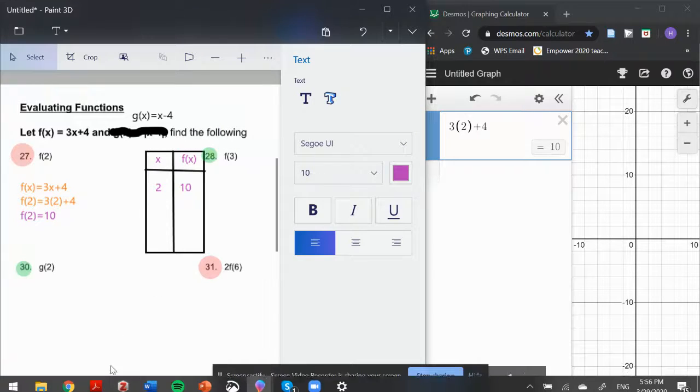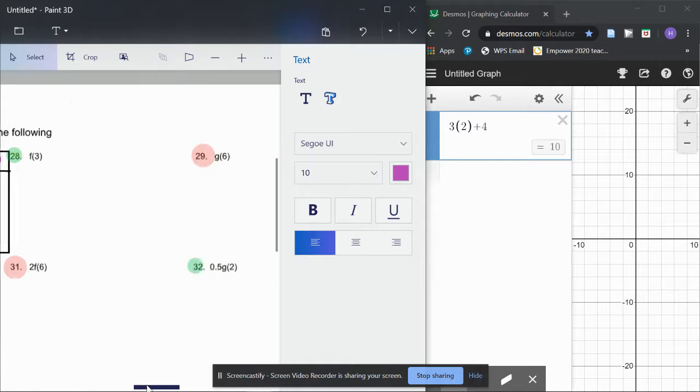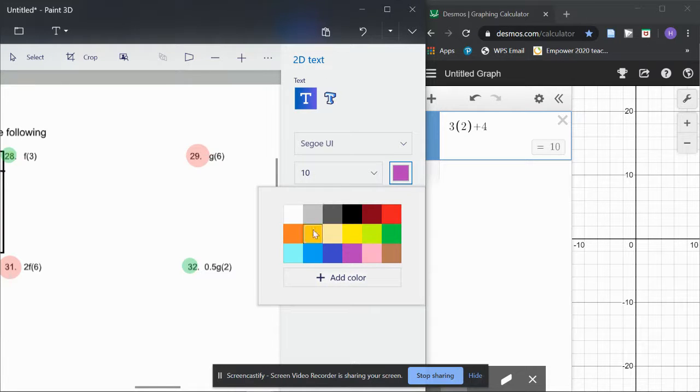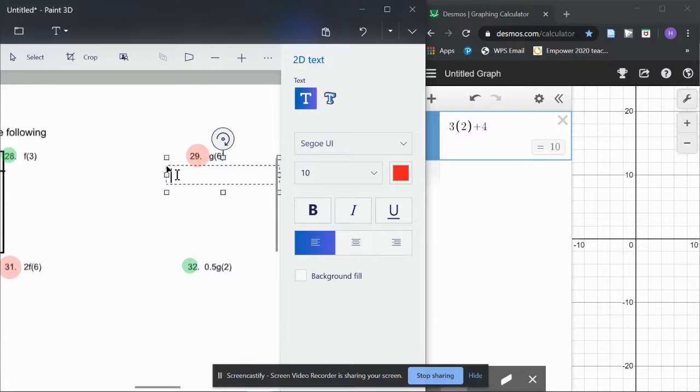Now we're going to do this next one, g of 6, number 29, as our next example. Let's use red. Again, let's write down our original equation. Our original equation is g of x equals x minus 4. Remember, I changed it from whatever was originally in the problem to make it easier.